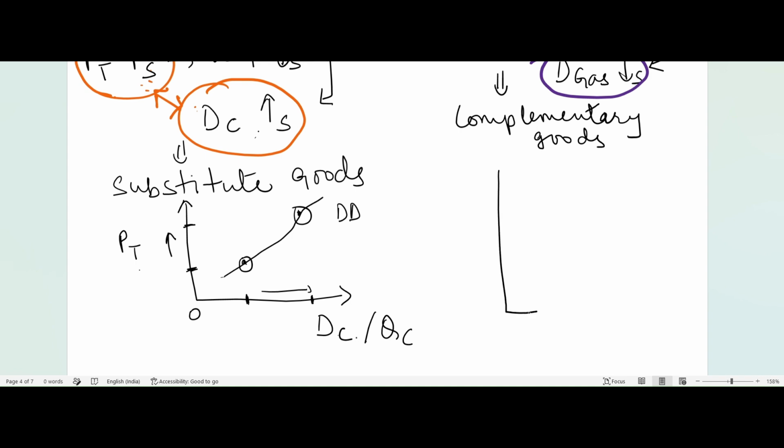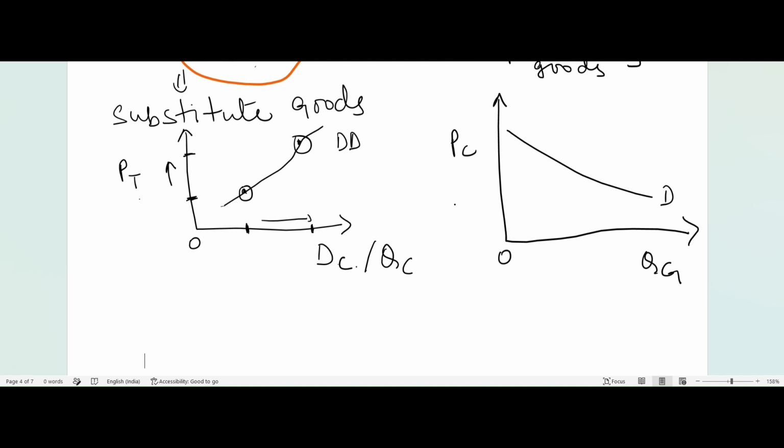Since there's an inverse relation, I have the price of cars over here and the quantity, or demand, for gas over here, and it will be a downward sloping curve, since there's an inverse relationship.